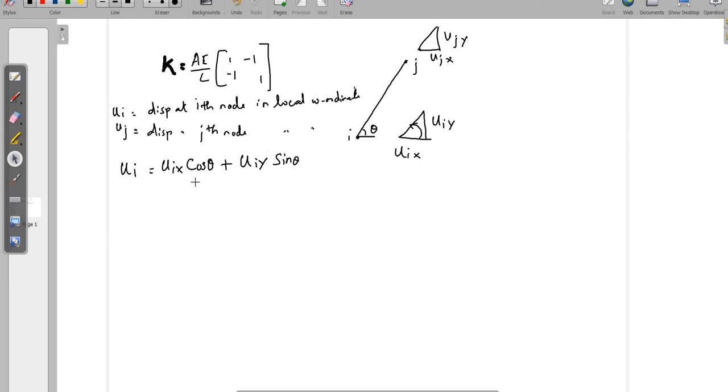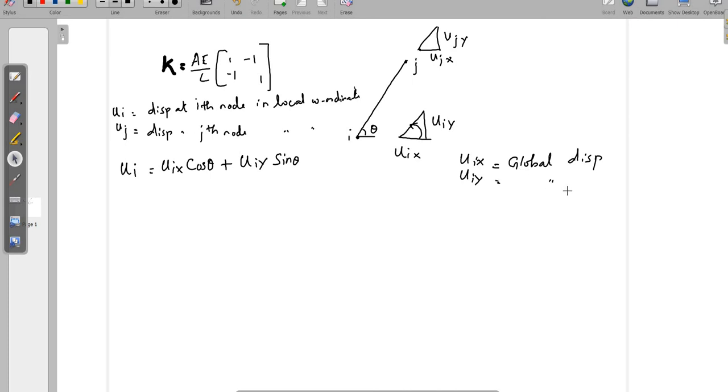These are the global representations, capital Ui X and capital Ui Y are the global displacements. Because our truss consists of many members, some members can be inclined, some members purely vertical, some purely horizontal.